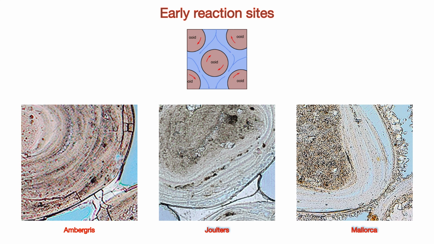Ooid cortices may have begun to react while still in the marine realm. Separation of the two sites ended when cortex aragonite next to the ooid rims was dissolved, allowing the encrusting intergranular cement to leak fluid into the cortex pores, causing calcite to grow there for the first time.